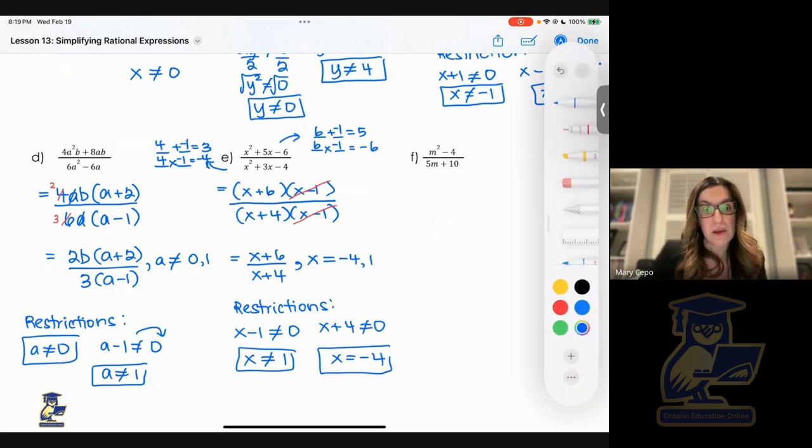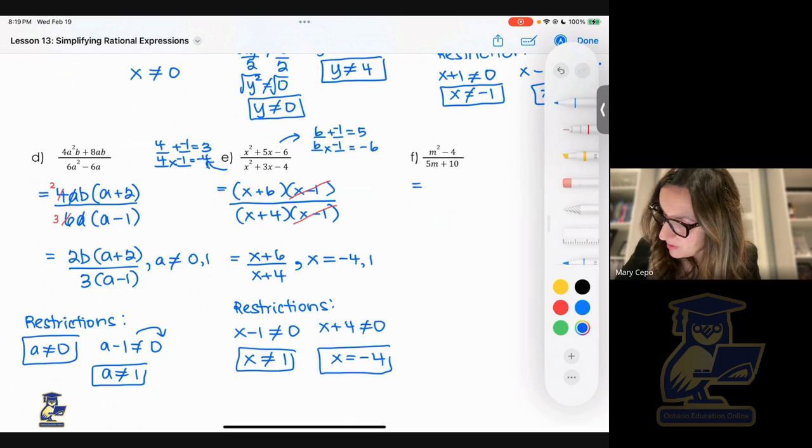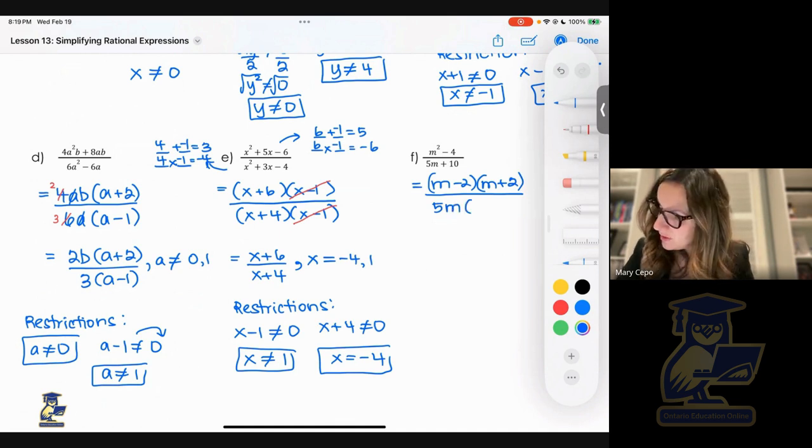Looking at f, we have m squared minus 4, which again is a difference of squares, and then we have 5m plus 10. So in the numerator, difference of squares, we'd set up our two brackets. m is the first term, minus 2, positive 2. All over, factoring out a common factor of, oops, sorry, not 5m, just 5, I apologize, 5, and then we're left with m plus 2.